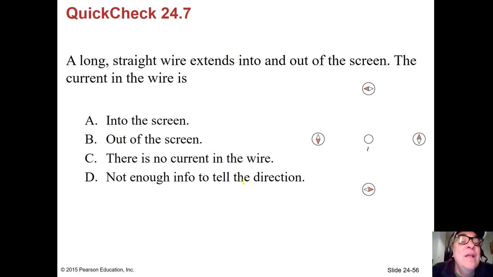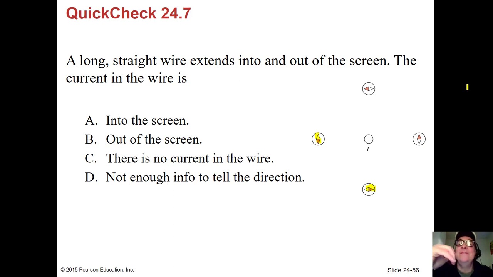Okay, let's see. A long straight wire extends into and out of the screen. The current in the wire. Oh, okay, so based on these compass readings, as you see here, we want to figure out which way the current is flowing. Okay, so we got to test it out and see what works. Let me say it's out of the page.